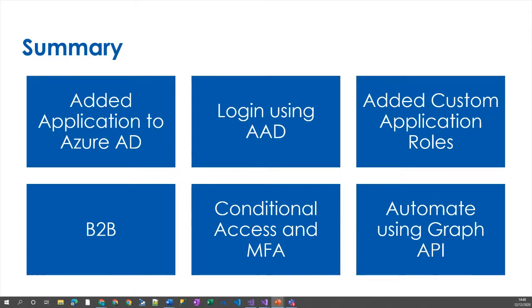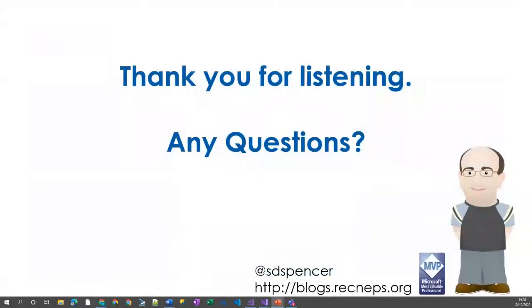We also created some custom application roles. So when the user was assigned the NASA role, you can see that picture. We've talked about conditional access, multi-factor authentication, entitlement management, and I've finished with showing you how we can automate all that using Graph API.